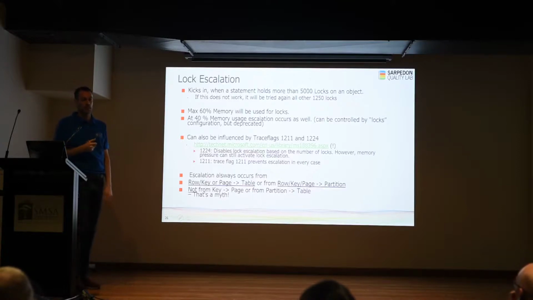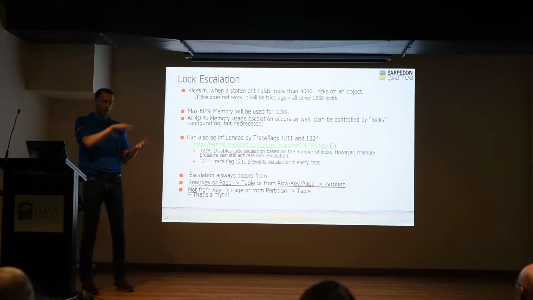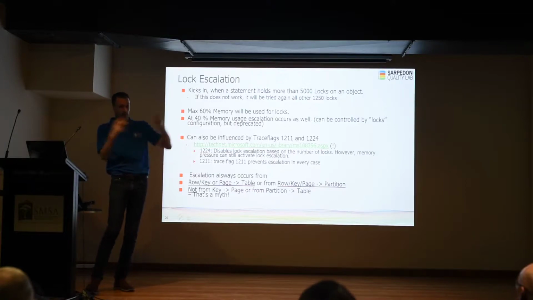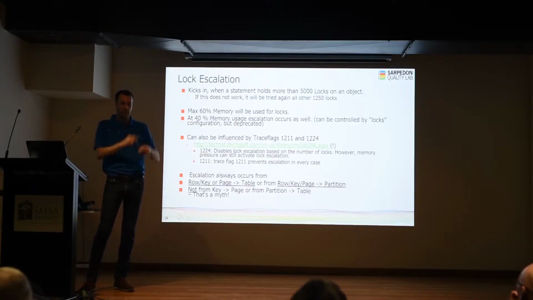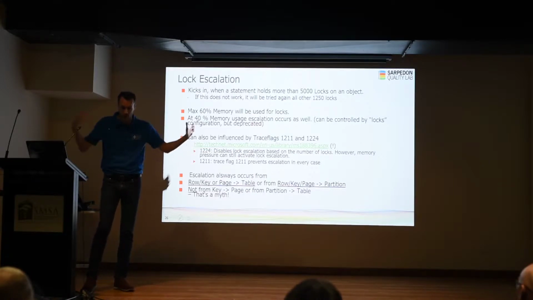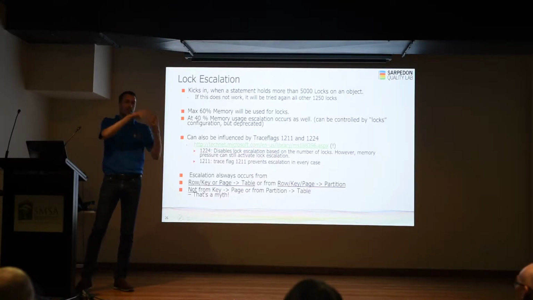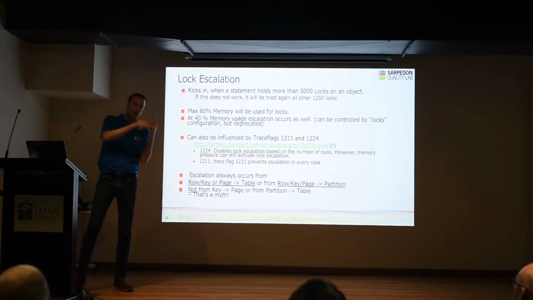To speed it up. Let's say your statement is touching 100,000 rows, and the statement takes 10 seconds. If you're lucky, it was already able to escalate after the first 6,000 rows, after half a second. And then, of course, it will be faster, because the rest of the rows will not need to place a single lock for each row again.